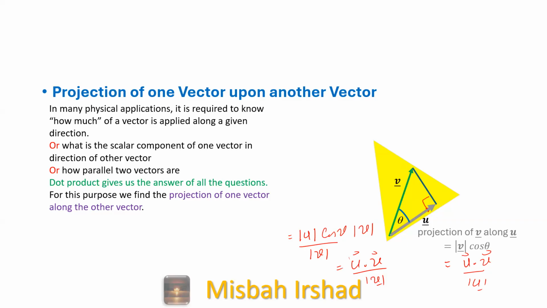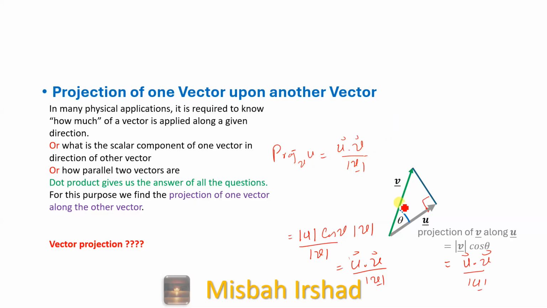What if we are required to find the vector projection? For this, we have this projection of u on v. So the vector projection of u on v is equal to u dot v divided by v magnitude. This is actually the length of the projection. This scalar quantity represents the magnitude of the projection.